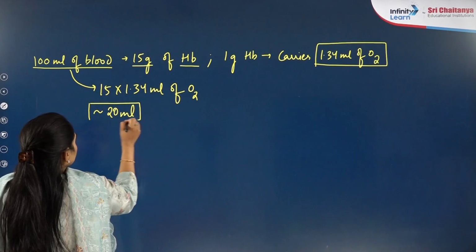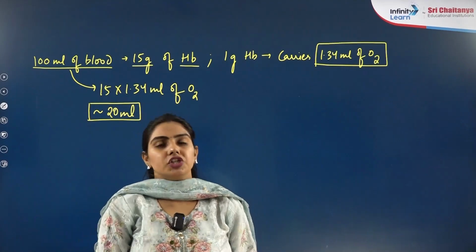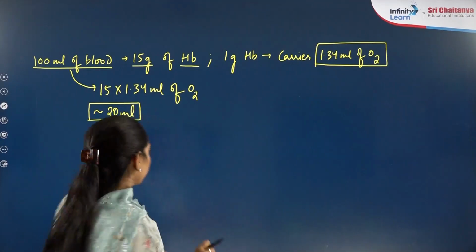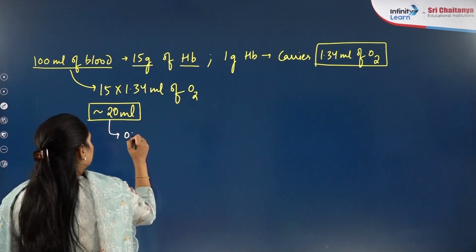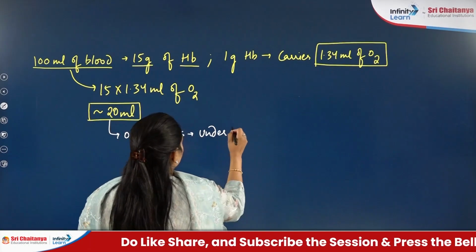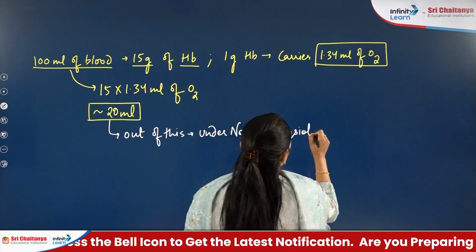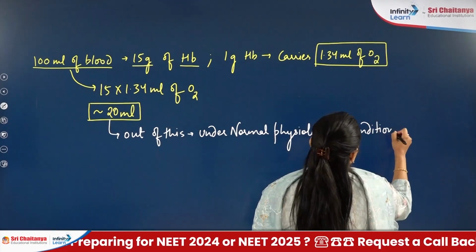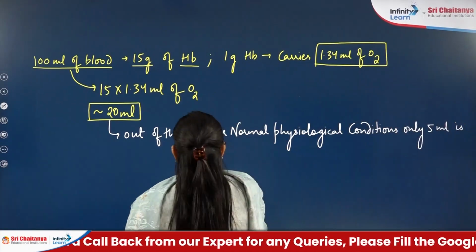So, if somebody asks you in 100 ml of oxygenated blood, how much oxygen is present, then the answer will be 20 ml. Now, the very important thing. The next important thing to understand is that out of this 20 ml, under normal physiological conditions, only 5 ml is delivered to tissues.